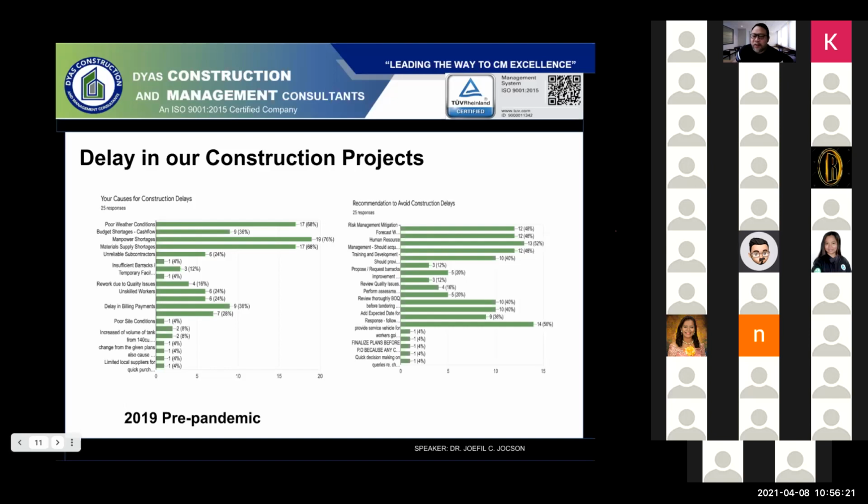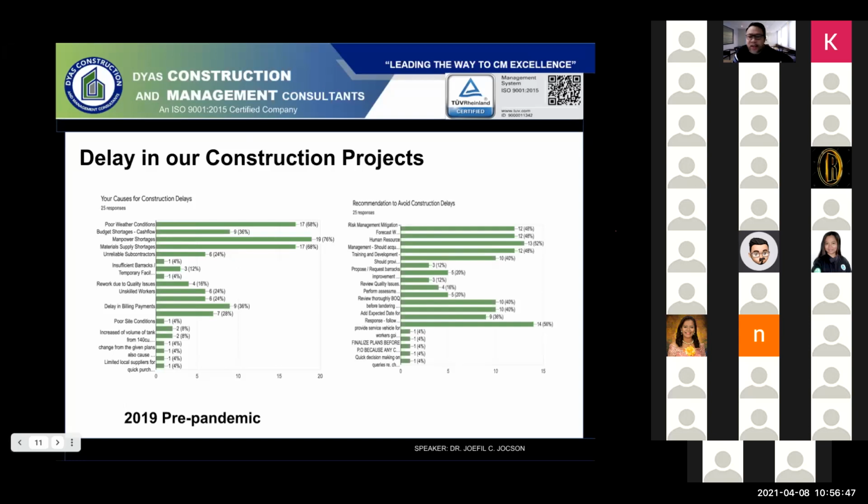So tingnan natin. So bakit kaya naging problema si manpower noong wala pang pandemic? Okay? Then the second top notcher natin is weather condition. So siguro nung time na yun maulan, no? Then ano pa? Material supply. Okay? The lack of materials. So manpower, material.